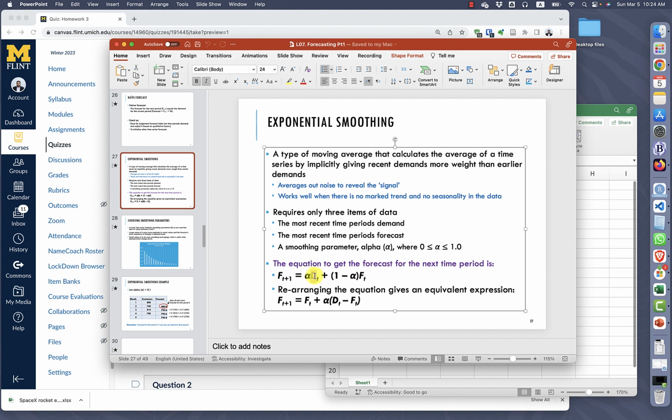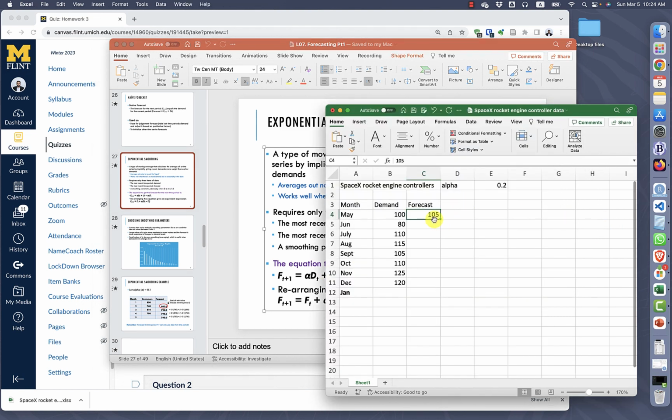Basically, it's alpha times the previous time period's demand plus 1 minus alpha times the previous time period's forecast. So we'll do alpha, and you want to add a dollar sign, so when you drag the formula down, it does not move the 0.2 around, times the previous time period's demand plus 1 minus alpha times the previous time period's forecast.